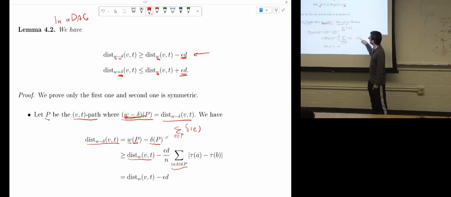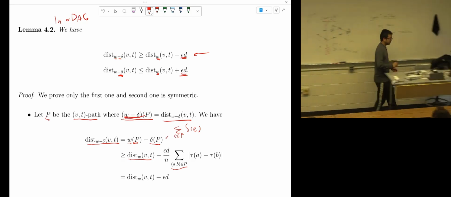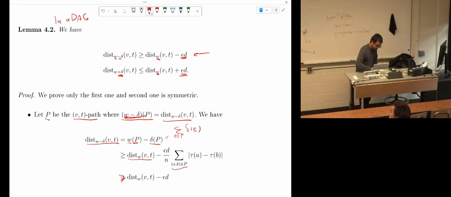In the DAG, this sum is at most n, because it's a path that goes forward in the DAG, so the topological order can increase by at most n. So this is at least this one.